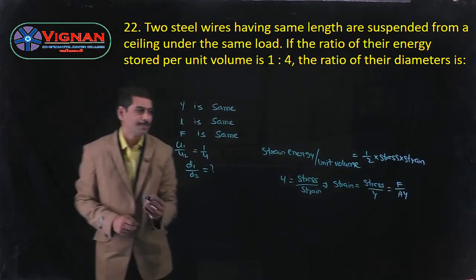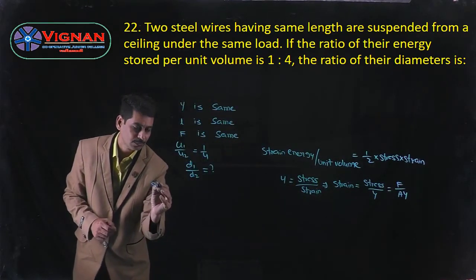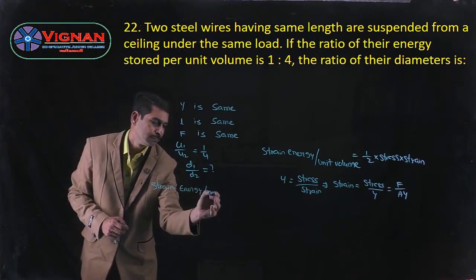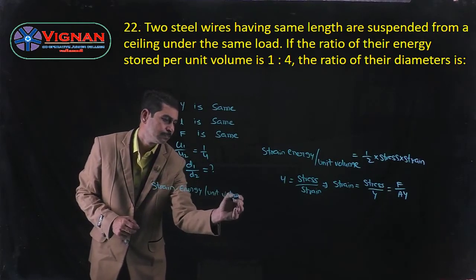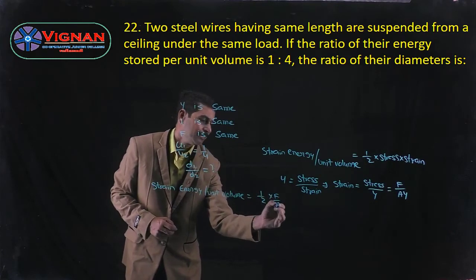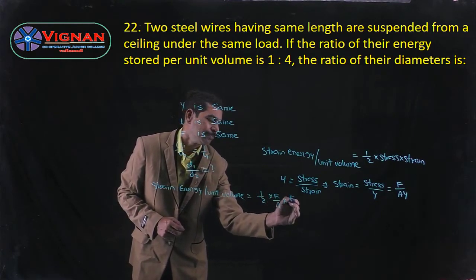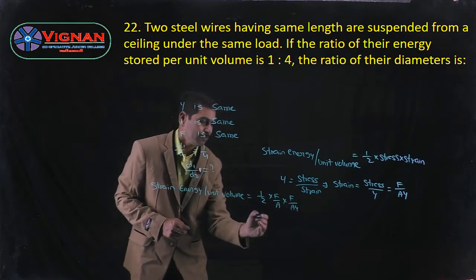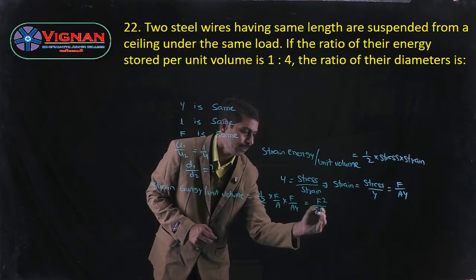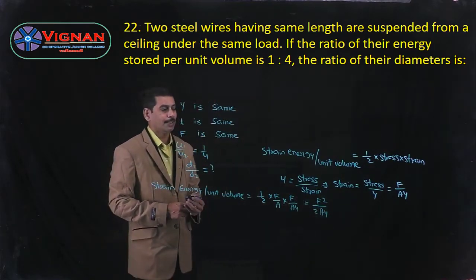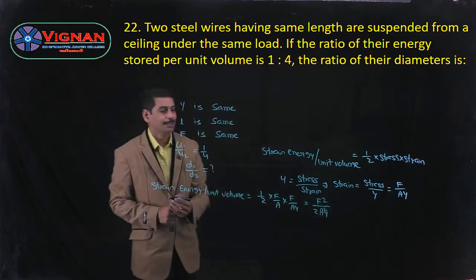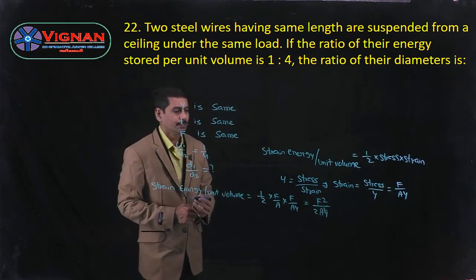So the strain energy per unit volume becomes half into stress, which is force by area, divided by strain, which is F by AY. From this it becomes F square by 2A square Y. Here A is nothing but the area, which is pi r square.